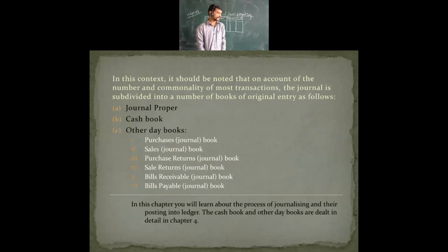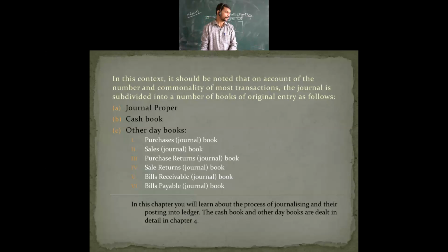See here, in this context, we should note that on account of the number and commonality of most transactions, the journal entry is subdivided into a number of books of original entry.